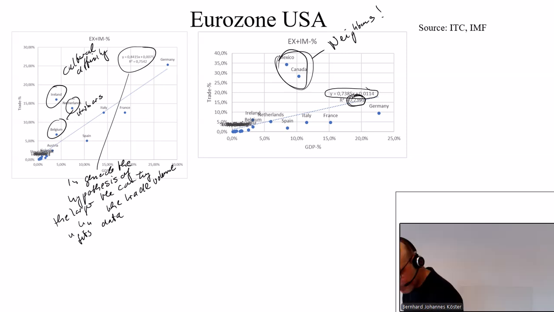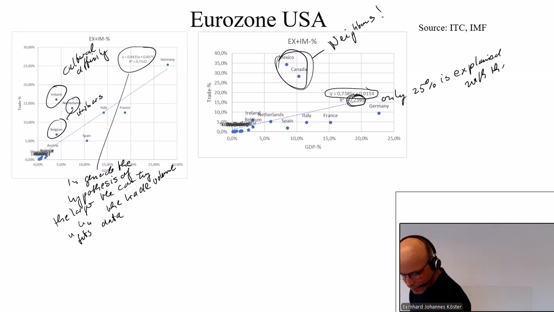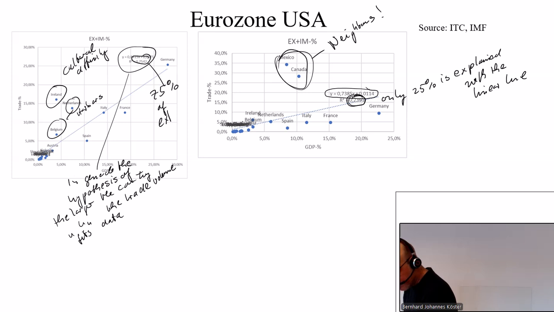So only 25% is explained with the linear line, and here we have 75% of explanation.